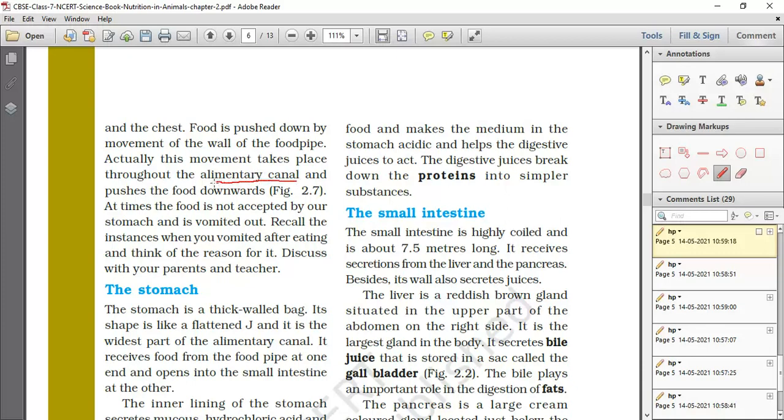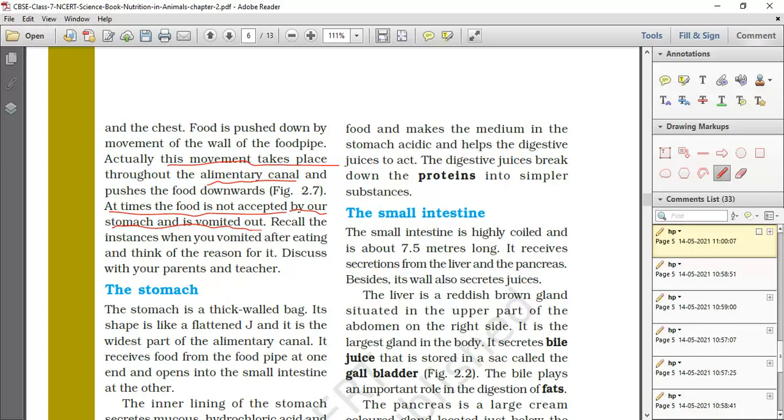It pushes the food downward. If the food is not accepted by the stomach, it is vomited out. You have seen that if you overeat at a party, after some time you get the feeling of vomiting because the food is not accepted, since your stomach is full.